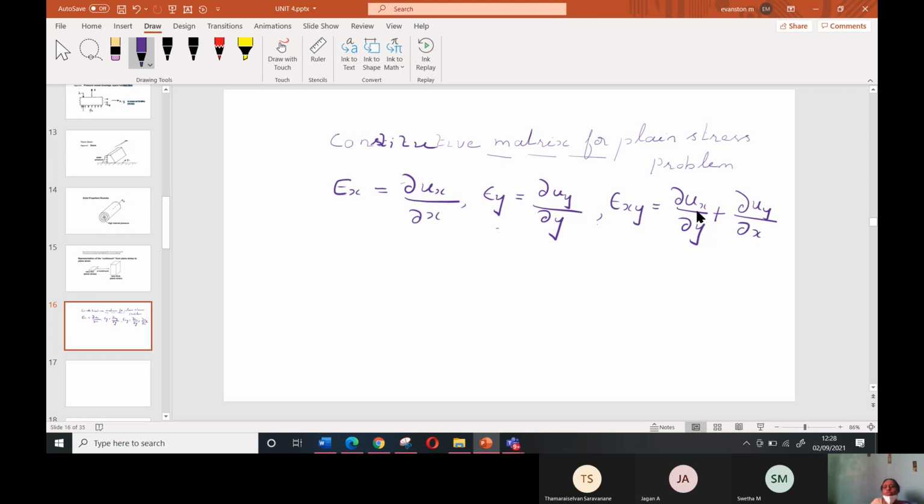Here u of x and u of y are the displacement functions.